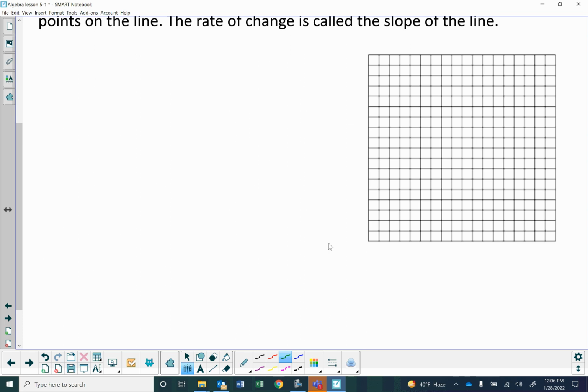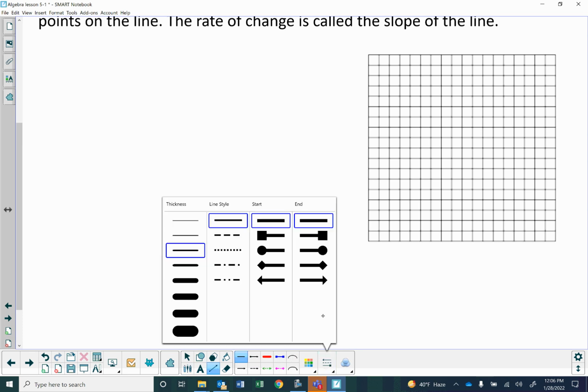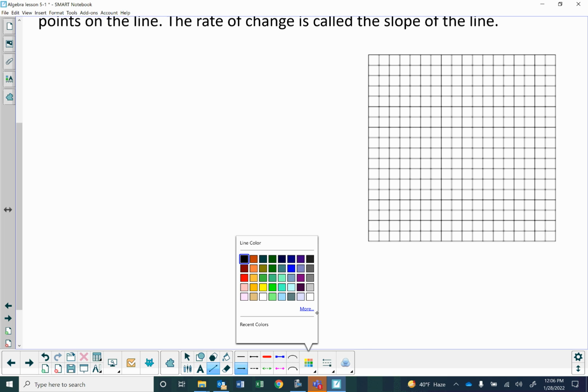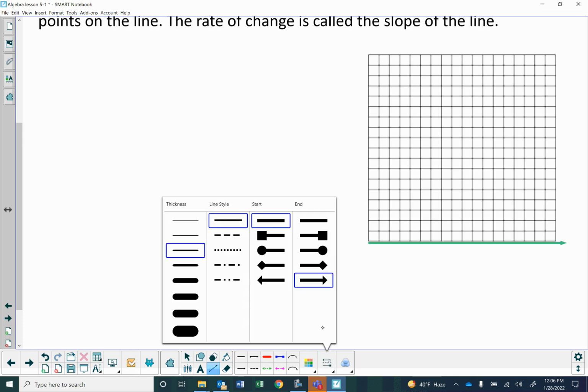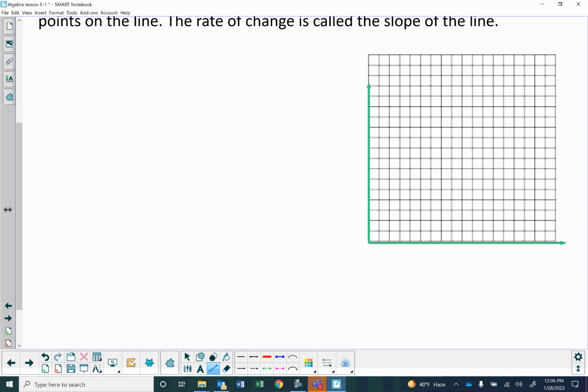First of all, I would need to label my little axes here. My x-axis, if you remember carefully, was miles. And then my y-axis was the fee. So if I draw my two axes in here, my x-axis here was number of miles, and my y-axis was the fee.